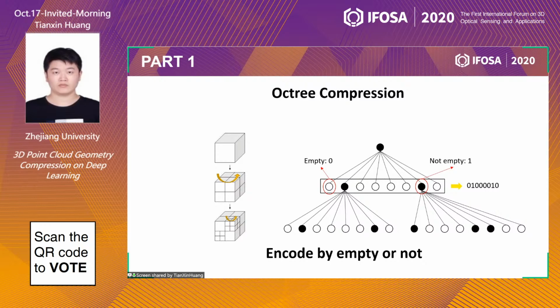So we can see that the second level of the Octree can be encoded as 01000010 in this way. And it is obvious that resolution will greatly improve as the tree depth increases. A leaf point is quantized as the center of its cell's coordinate. Then the model can be encoded by breadth first traversal or depth first traversal in this way.